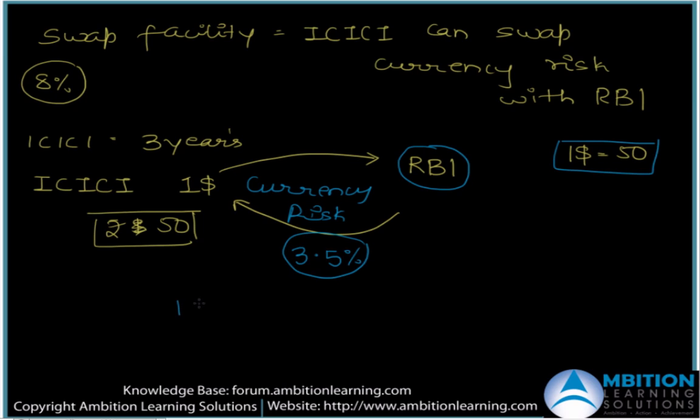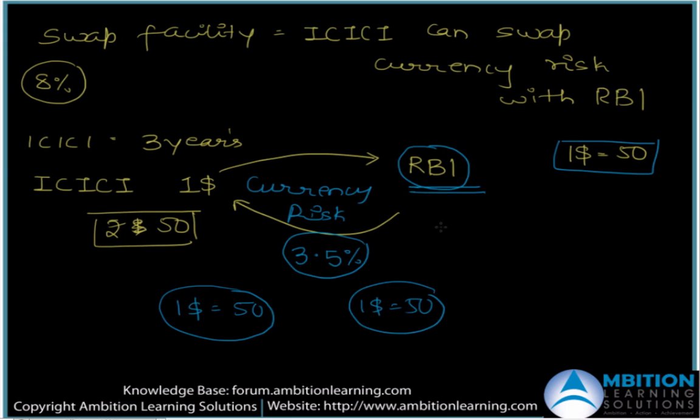Which means if $1 is at 50 rupees, they will do the entire transaction at $1 equal to 50 rupees only, irrespective of whatever the market dollar rate or rupee rate is quoting at, which takes care of the hedging, for which RBI will only charge 3.5% interest to ICICI Bank.